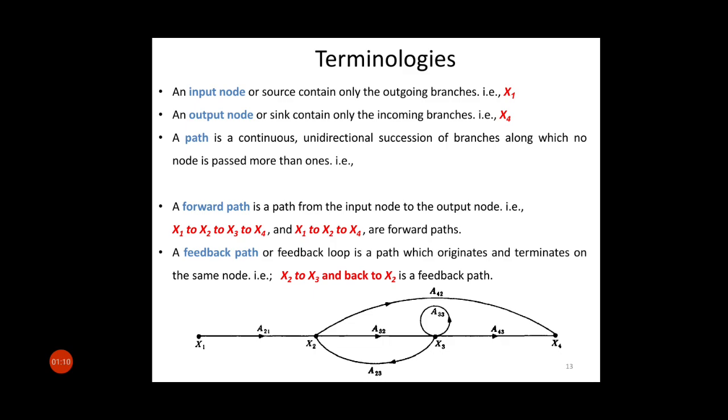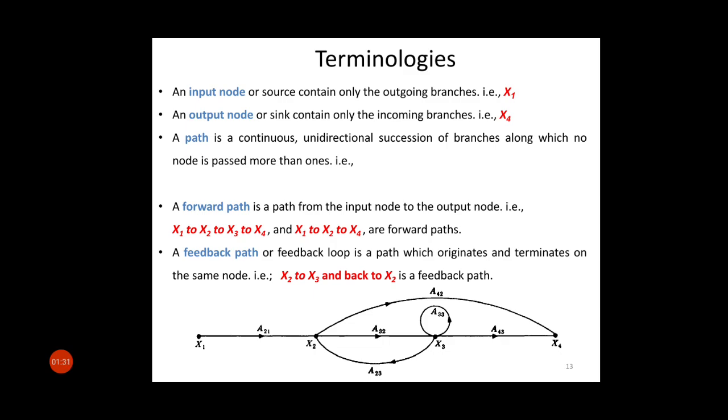What is that input node? That input node is the x1 node. And in this graph there is only one output node or sink, which has only incoming branches, and that node is the x4 node.